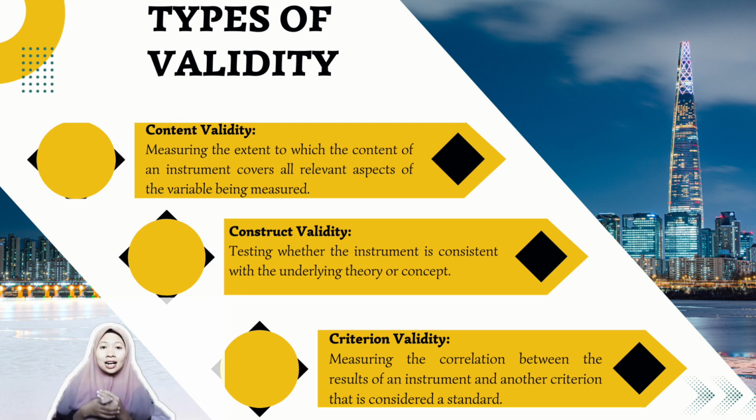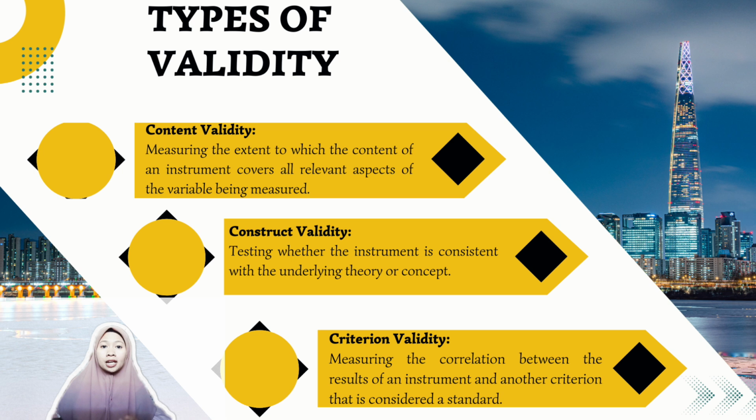Okay, as I explained before, there are three types of validity. First, there is content validity, which refers to whether all important aspects of the variable are covered in the instrument.